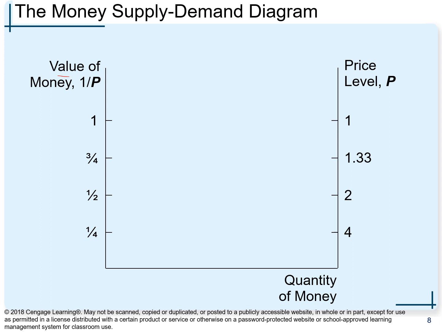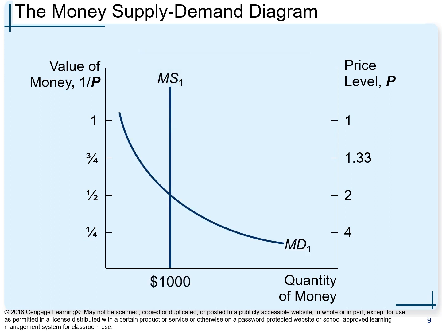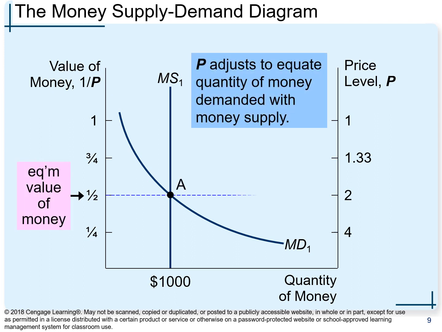In other words, if the value of money goes down, the quantity of money demanded goes up. And at the same time, if we bring the money supply into the same diagram, then we'll find the equilibrium value of money and equilibrium price level at point A, the crossing point, right?